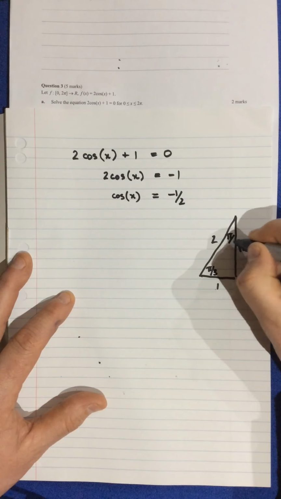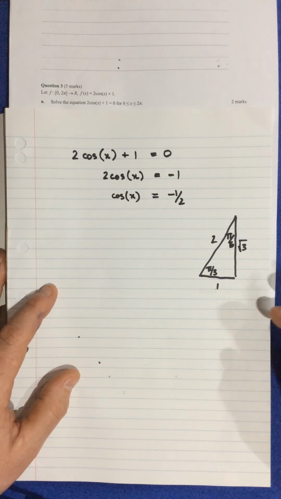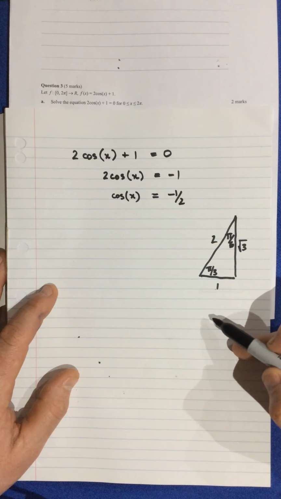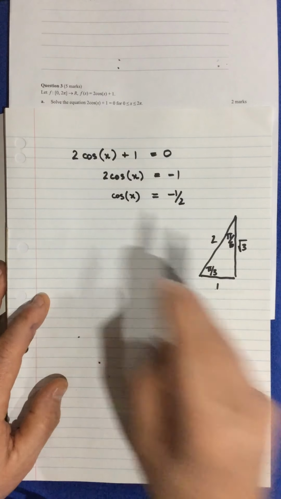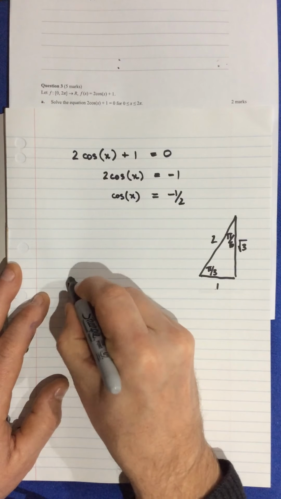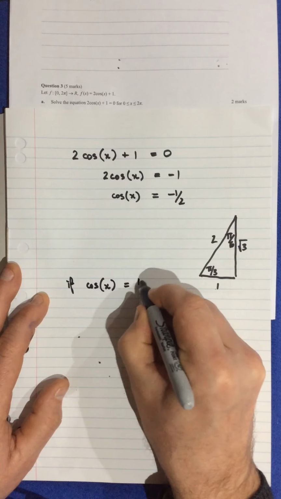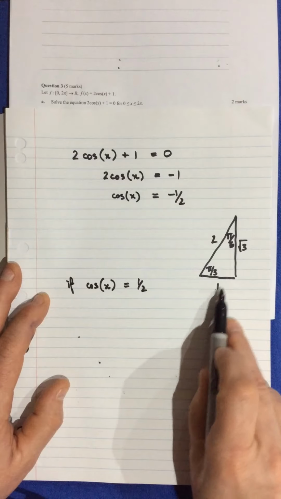Hopefully you recognize one of the standard trig triangles, the 1, 2, root 3 triangle with pi on 3 and pi on 6. And hopefully you can see that if what I was trying to solve was cos of x equals a half, then there's a half.